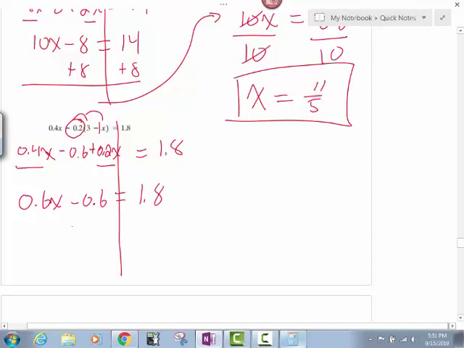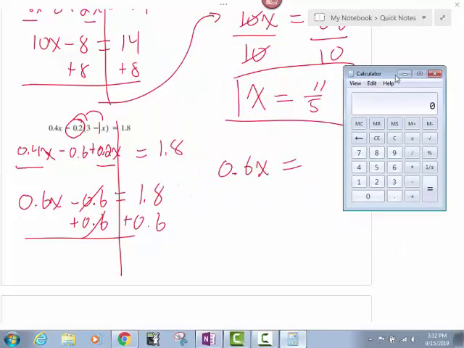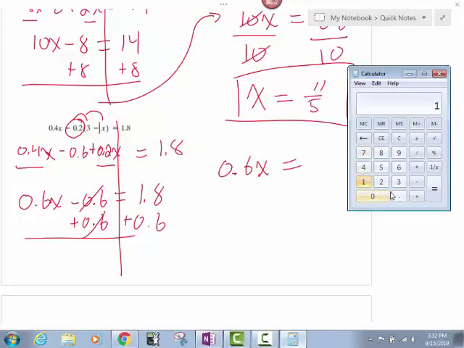I'm going to go ahead and add 0.6 to both sides. So now I have a 0.6 with an x equals, let me grab my calculator, and we're going to take 1.8 plus 0.6, 2.4.